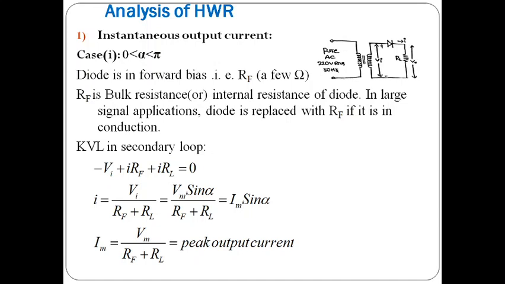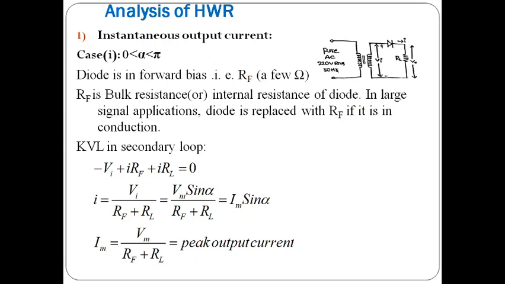From that we can say I equals Vi by RF plus RL. We already know Vi is a sinusoidal signal, Vm sin alpha, so I equals Vm sin alpha by RF plus RL. Vm by RF plus RL is the current magnitude Im. So Im sin alpha is the peak output current, where Im is Vm by RF plus RL.